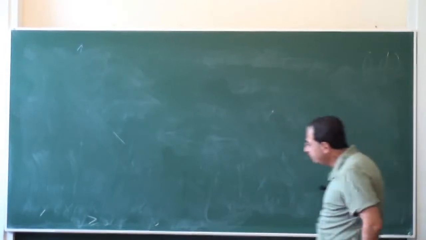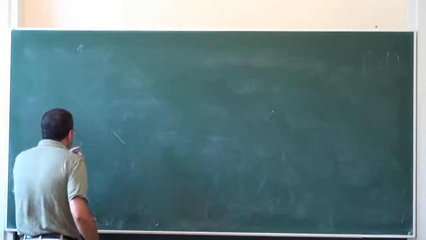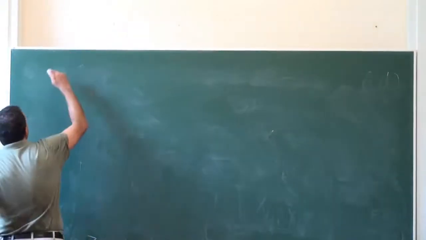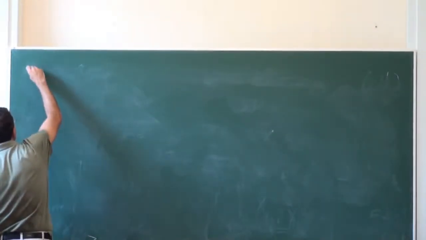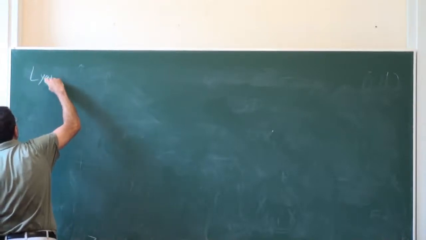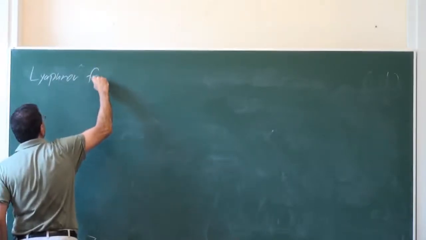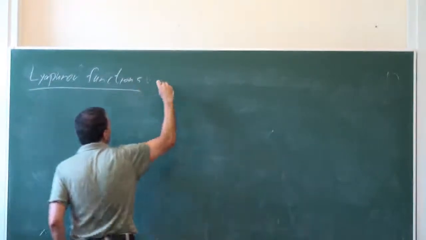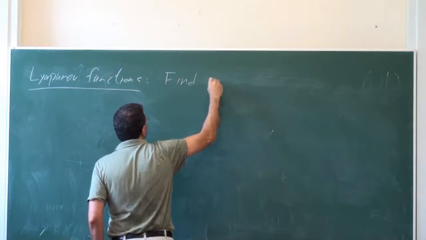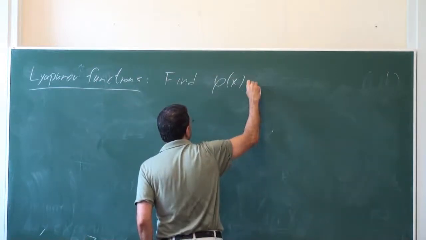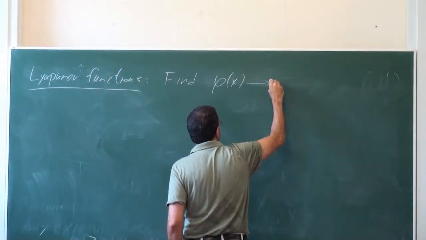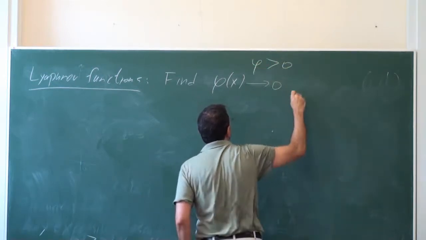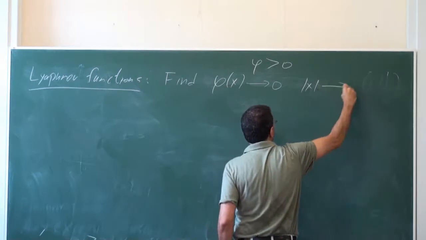First, the method of Lyapunov functions: we're going to find a function phi that is positive and tends to 0 as x tends to infinity.